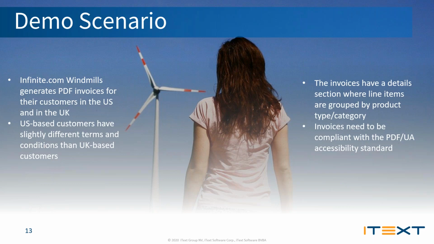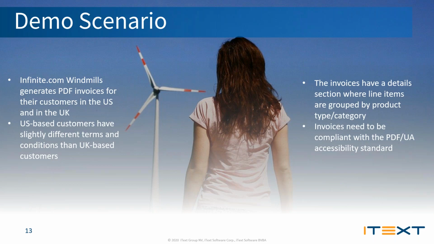And something else that we want to do is include an invoice details section where we will repeat all the line items from the main invoice table, but we will split them out into two subtables, two subsections, so to speak, two subforms if you want to, where the line items are split up by type. So there's real products in there, and then there's services like installation and so on, and maintenance of the windmills that have been placed.